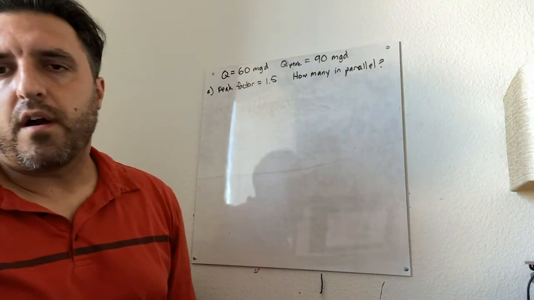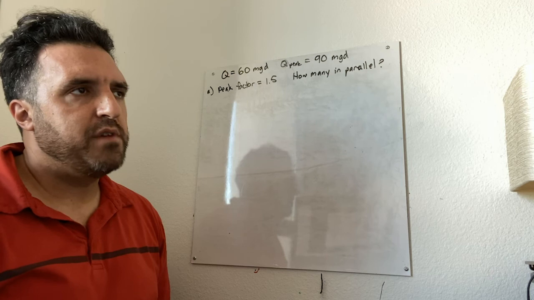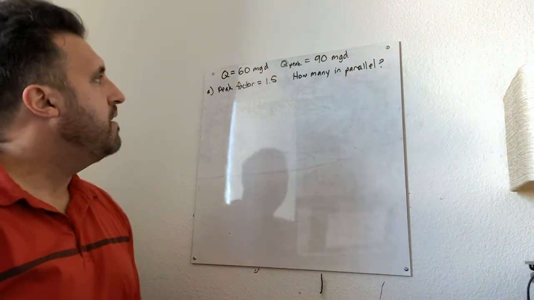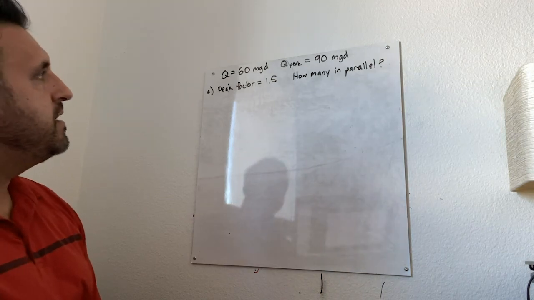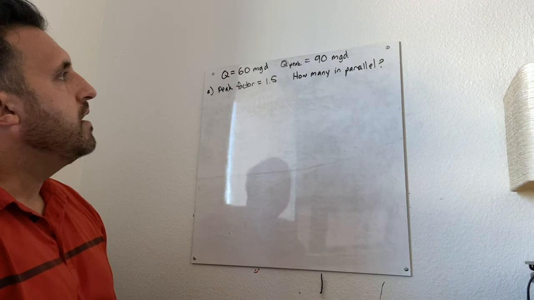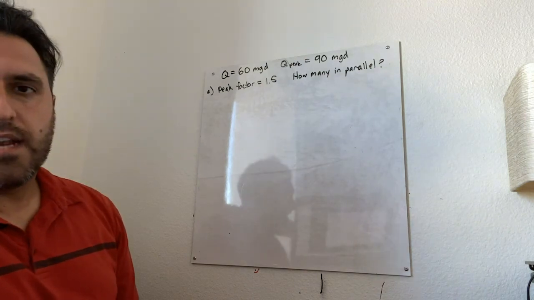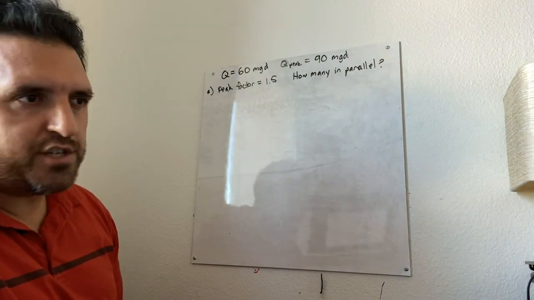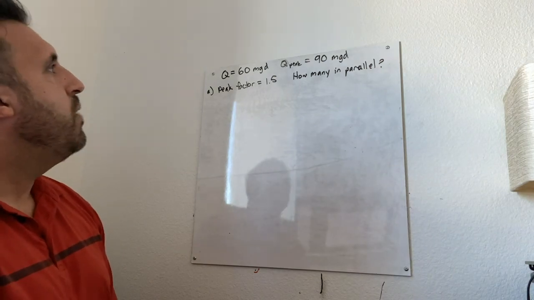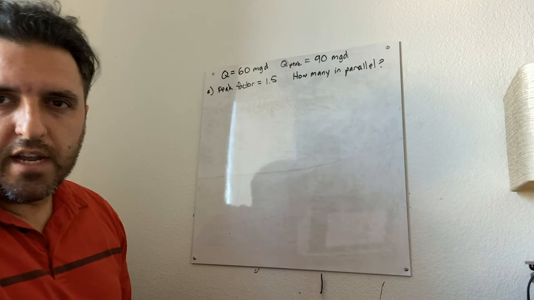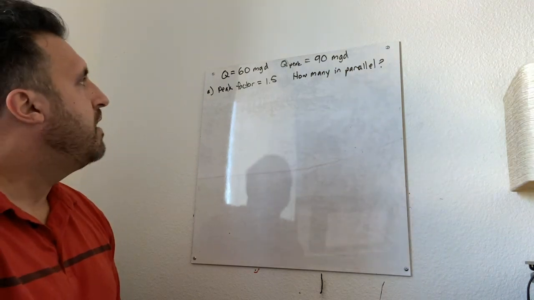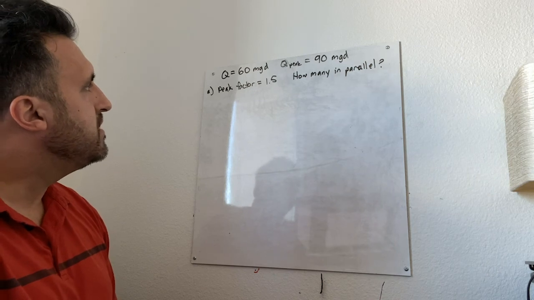Alright, so the first part of this is we determine how many filters should we have in parallel. This is really kind of a discretion of the engineer type decision in terms of what makes sense. You got to keep in mind that you're mostly always going to have at least one filter offline for backwashing or for maintenance, and so you want to be able to handle the peak flow when you have all your filters up and running, but during normal flow conditions you want to be able to have one of them offline if you need to do some maintenance.